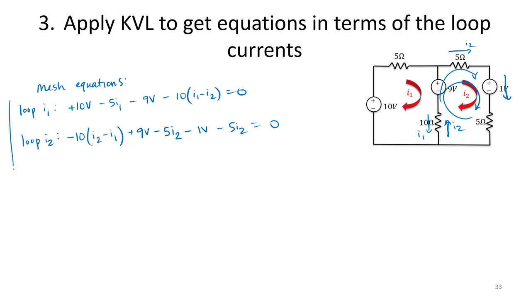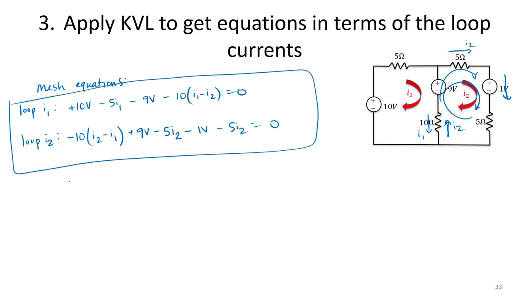So notice here we end up with two equations, two unknowns. Our unknowns are I2 and I1. Once you've written the mesh equations, you've completed the hardest part of the question. Now all that's left is to solve for those currents.